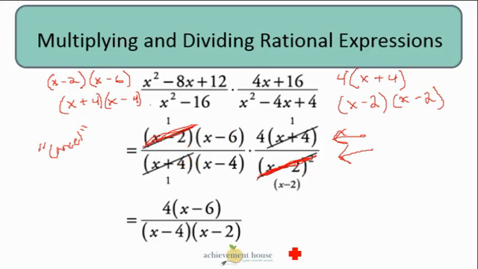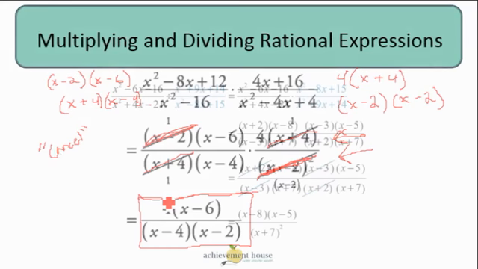So we can, quote unquote, cancel that out. With x minus 4, I can do the same thing. And now I can just circle what's left. There are no more common factors between the numerator and the denominator. So my final answer, you don't even have to multiply this out. This is perfectly acceptable: 4 times x minus 6 divided by x minus 4 times x minus 2. That is your final simplified answer.